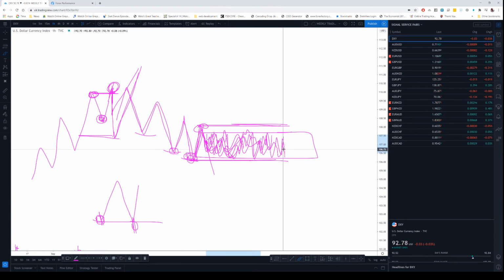If it does make a leg to the upside, then you can take this low, that high, and whatever lowest low is in here on the 4-hour, you connect them, and this will give you a market structure break to the upside, and then you can start looking for retracement and then a continuation on the 4-hour.